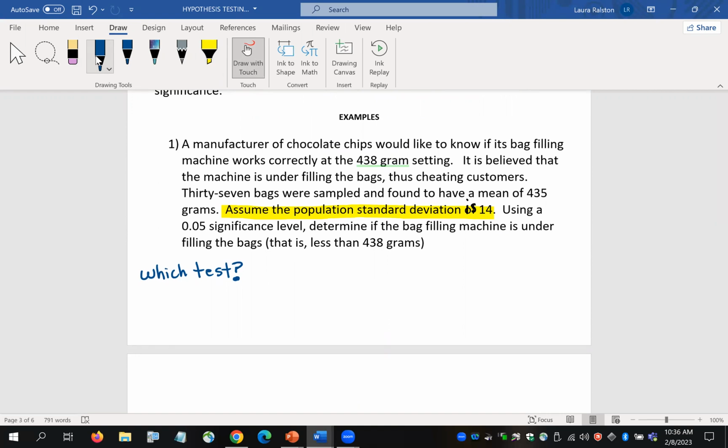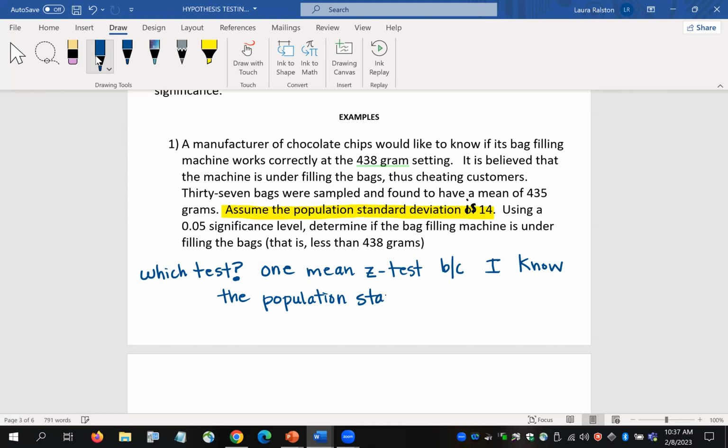So very clearly in that sentence, I am given the population standard deviation, which means I'm going to do a 1 mean Z test because I know the population standard deviation, which is sigma.